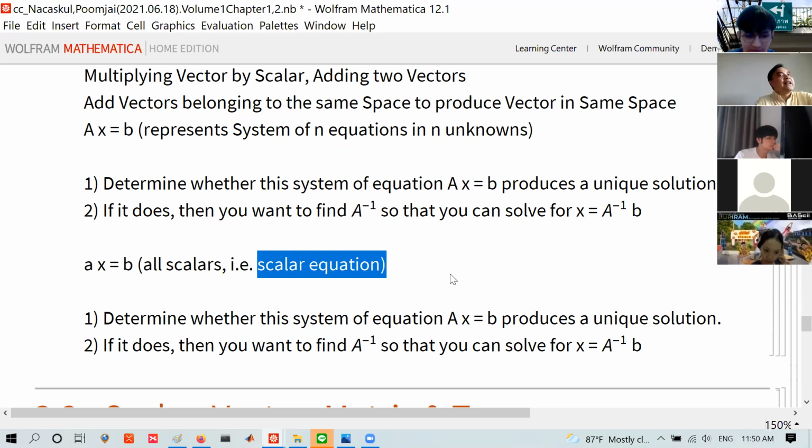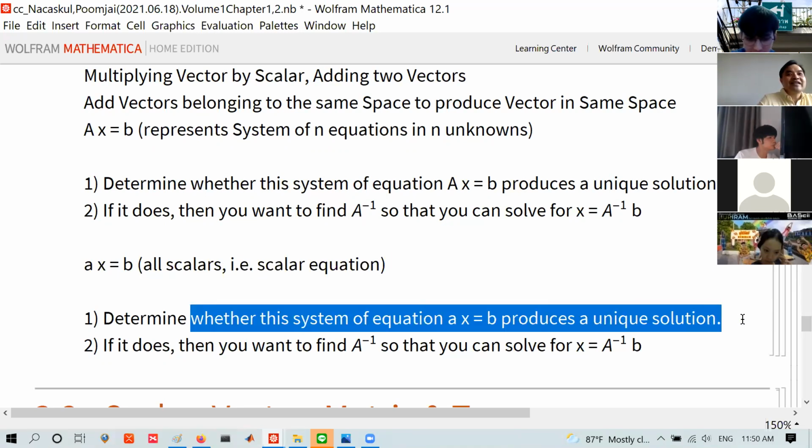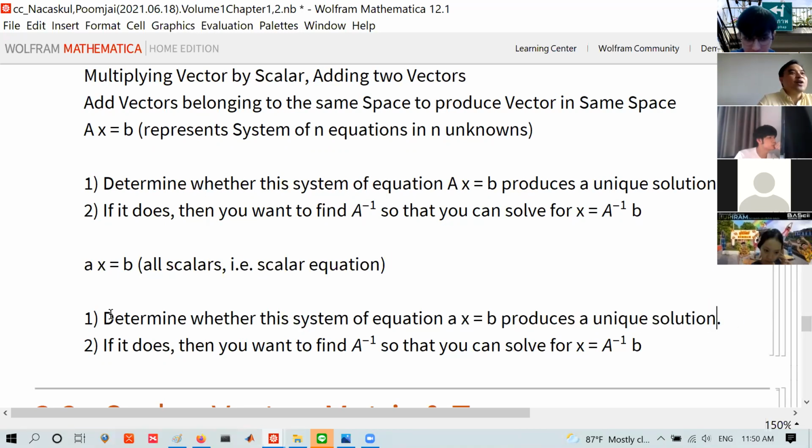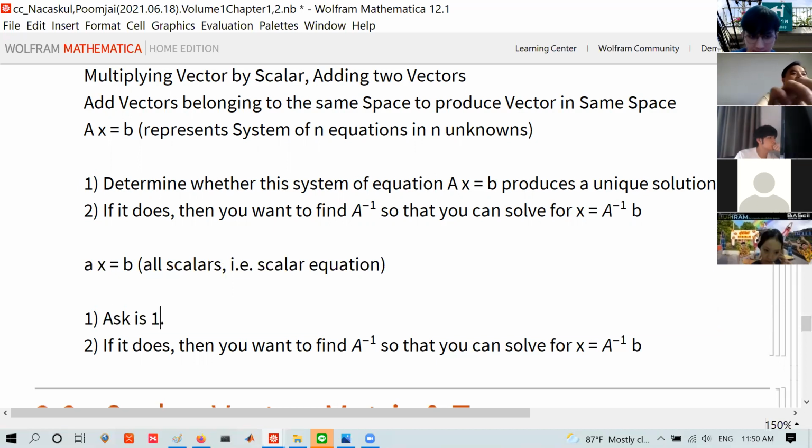Now, in a scalar equation, you have to determine whether or not AX produces a unique solution. How do you do that? You just ask, is A equal to 0?